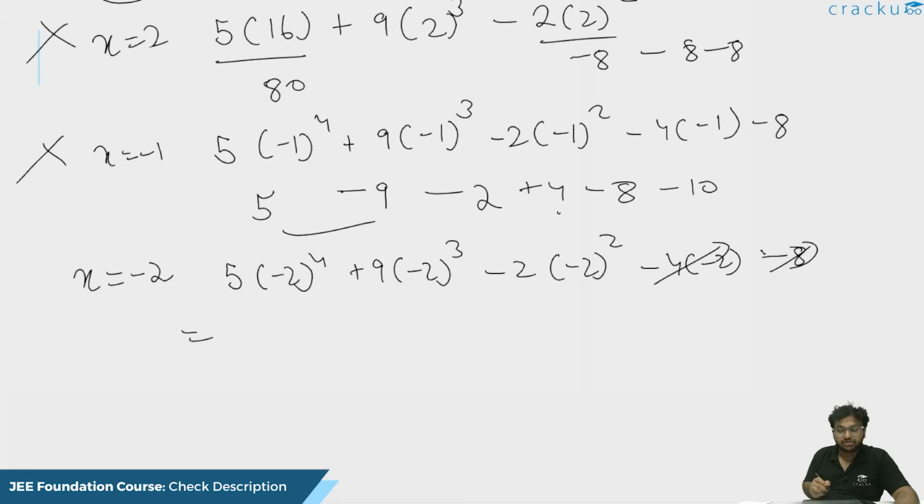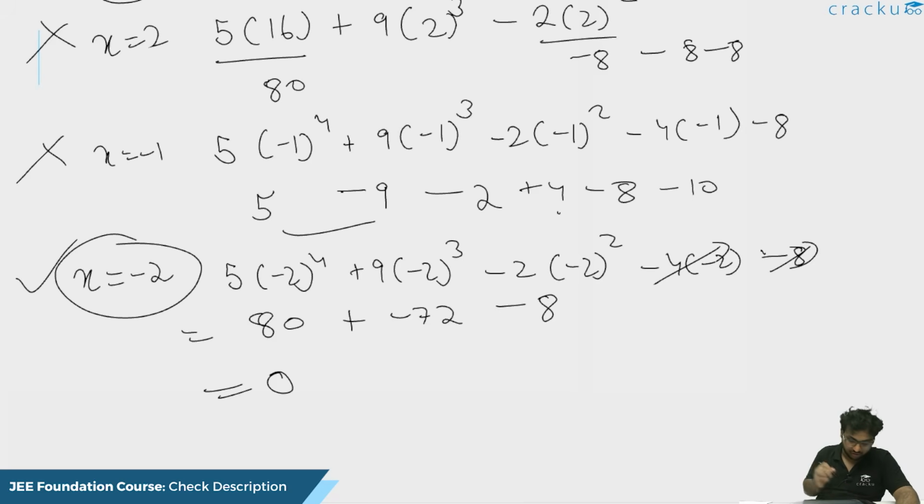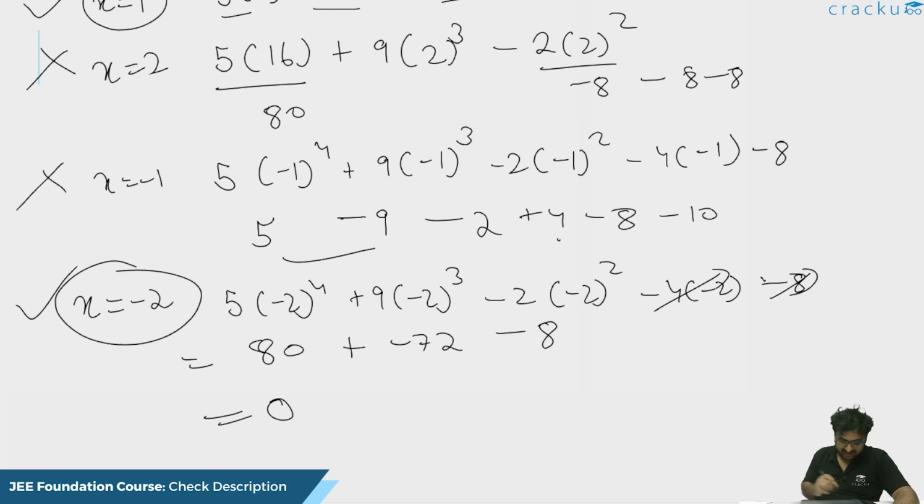Minus 2 to the power 4 is 16, 16 into 5 is 80, plus minus 2 cube is minus 8, minus 8 into 9 is minus 72. And minus 2 square into 4, 4 into 2 is minus 8. So 80 minus 80 is equal to 0. Hence this is also a root. So we got the two roots. The two roots are x equal to minus 2 and x equal to 1.